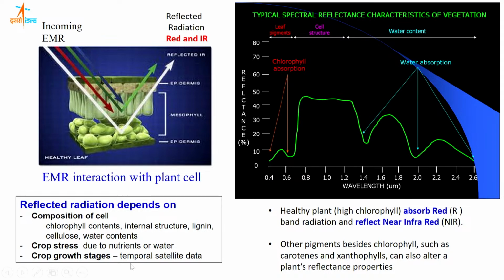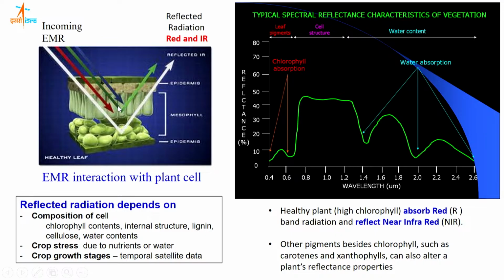This slide is showing that suppose radiation is coming from the sun, EMR, electromagnetic radiation, reaches the earth's surface and interacts with the plant. Then what will happen?